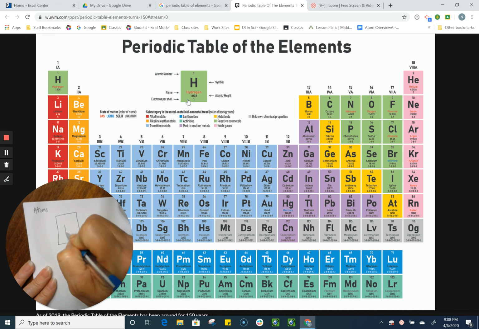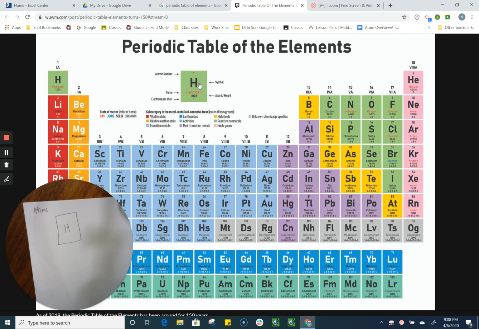In each box, there is a 1 or 2 letter symbol. Some periodic tables have a different nomenclature way of naming things, and they might have a symbol with 3 letters in it. The first letter, or if it's the only letter, is always capitalized. And if there's a second letter, it is a lowercase letter.